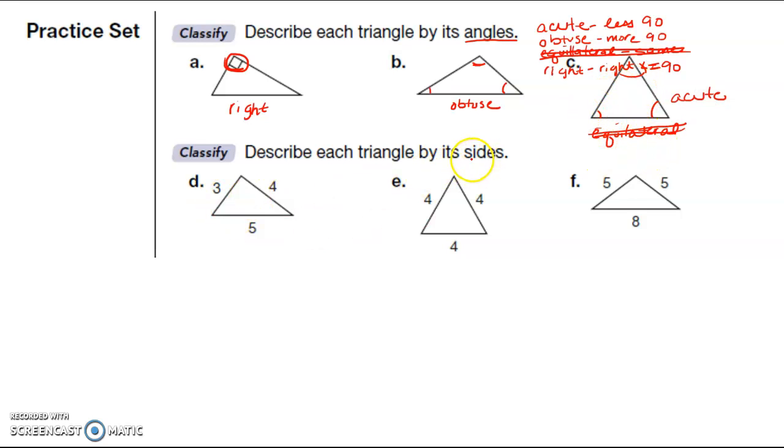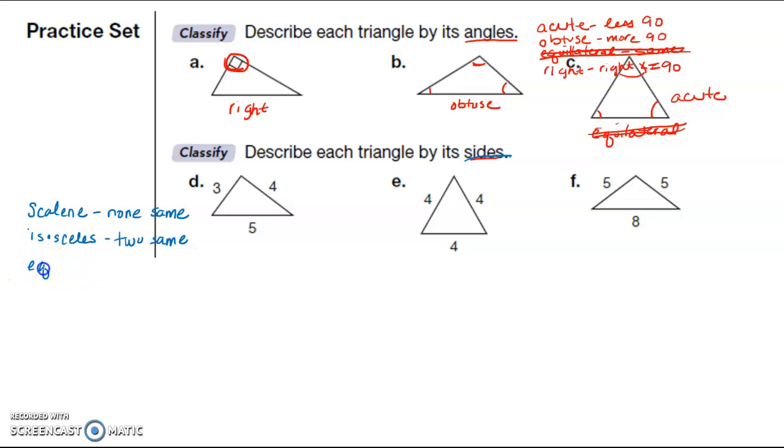Okay, so when we describe by sides, you're going to have scalene, which means no sides are the same. You'll have isosceles, where two sides are the same.